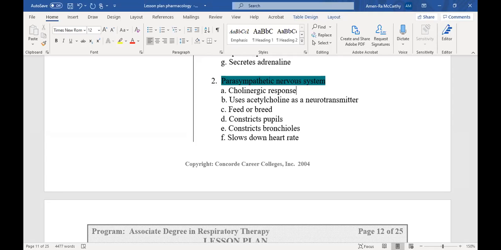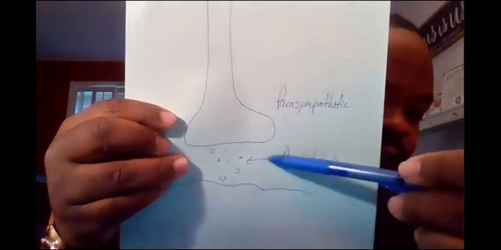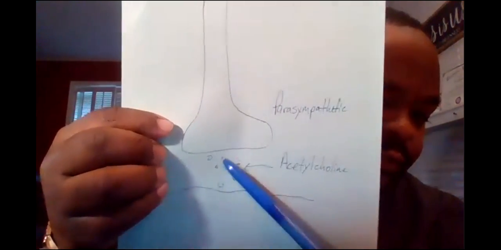So parasympathetic uses acetylcholine as a neurotransmitter, right? So on the parasympathetic side, the neuron uses acetylcholine as its neurotransmitter, okay?